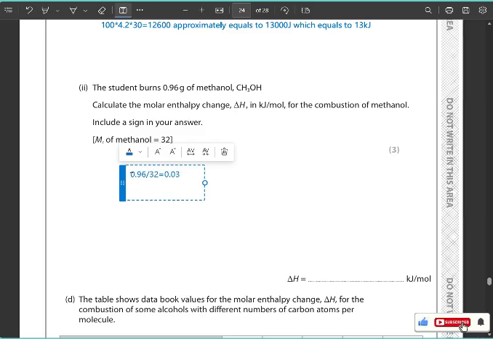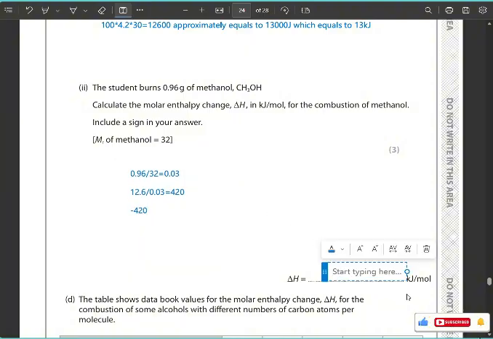And for finding delta H, we should divide 12.6 by 0.03, and the answer is 420. It is an exothermic reaction, that's why we should put a minus in front of the result, and it will be minus 420.